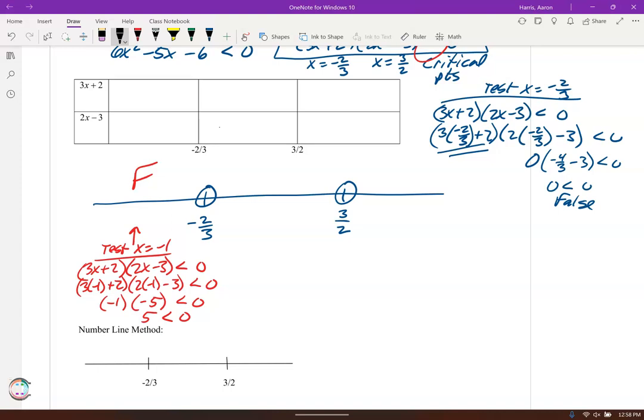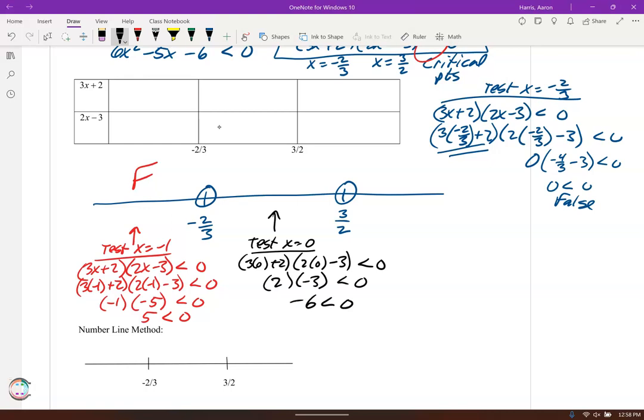Test something in between them. Maybe zero's between them. So I got 3 times 0 plus 2. I'll say, oh yeah, negative 6 is less than 0. So in between them is definitely a solution.